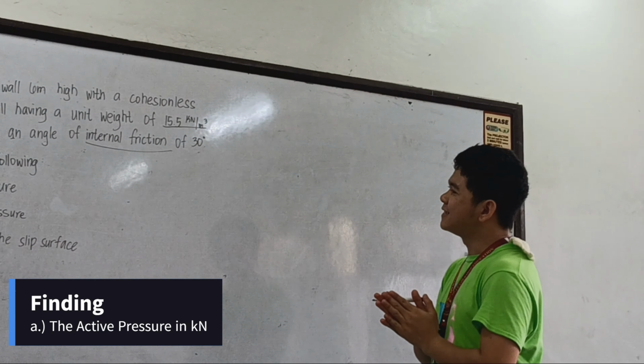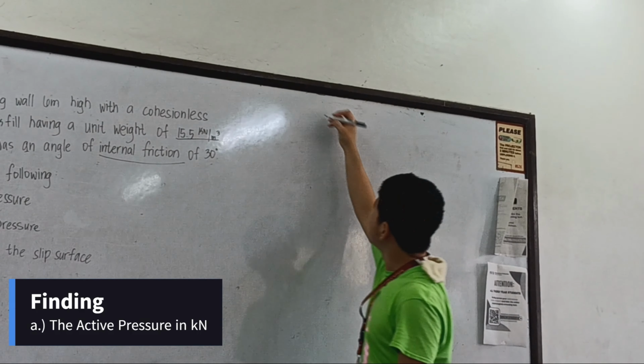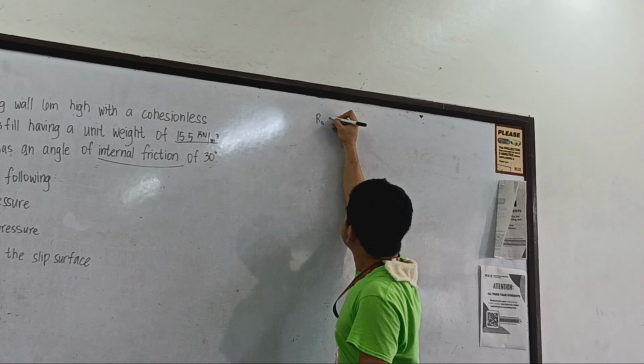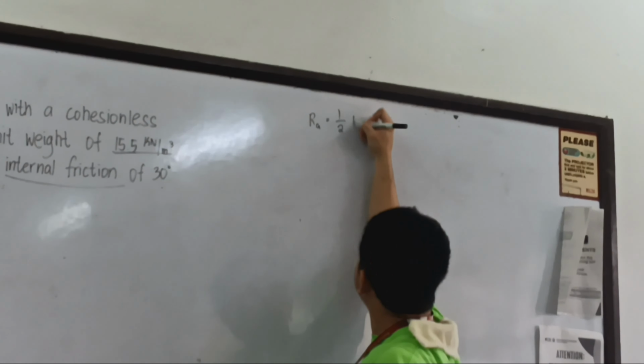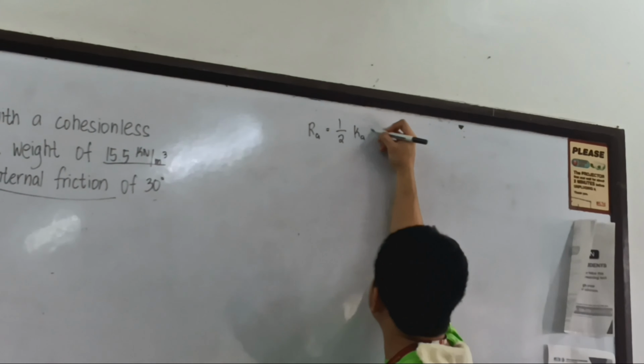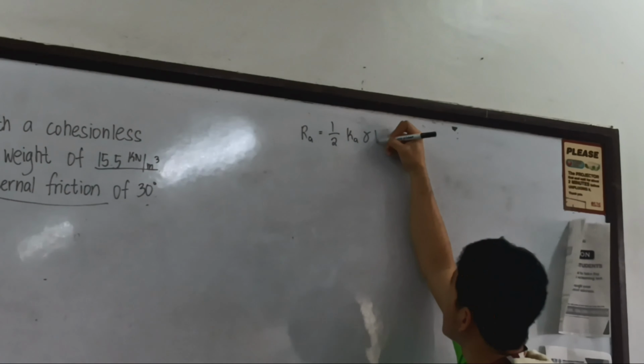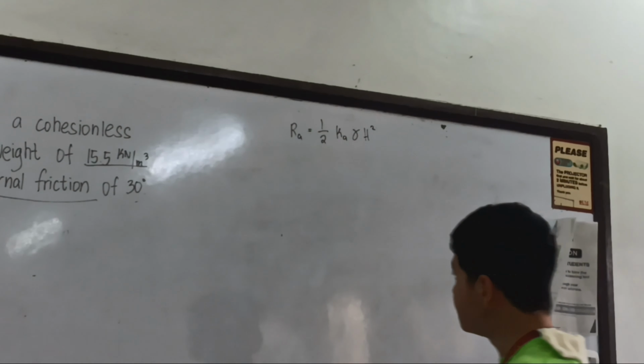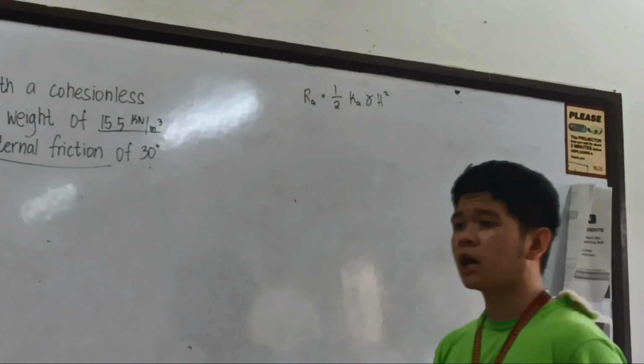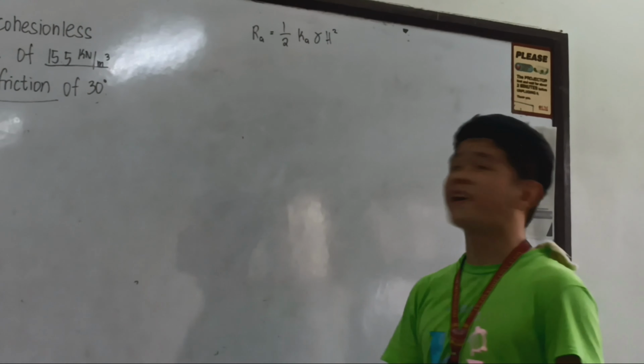So the formula for active pressure is RA equals 1/2 of the coefficient of active pressure times our unit weight times H squared. And then the question is, what is the formula for the coefficient of active pressure?